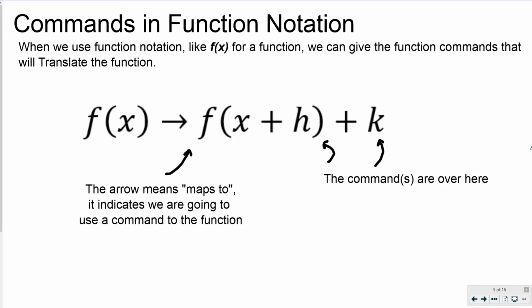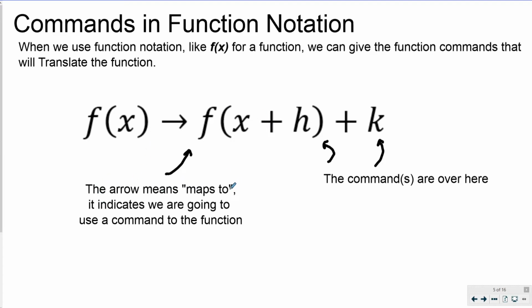So, commands in function notation. When we use function notation, like f of x for a function, we can give the function commands that will translate the function. Take a look at this notation. f of x, with an arrow pointing to the new function, f of x plus h, in parentheses, plus k. That arrow means maps to.